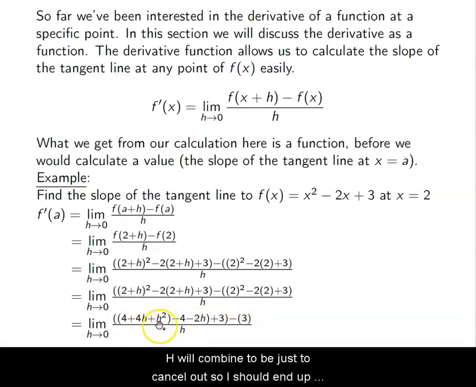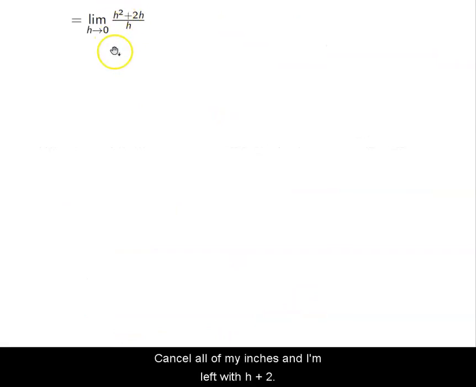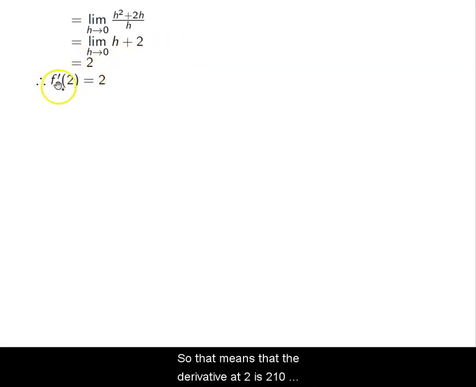So I should end up with h squared plus 2h over h as the limit as h goes to 0. Okay, cancel all of my h's, and I'm left with h plus 2. Take the limit as h goes to 0, and we get out just 2. So that means that the derivative at 2 is 2.